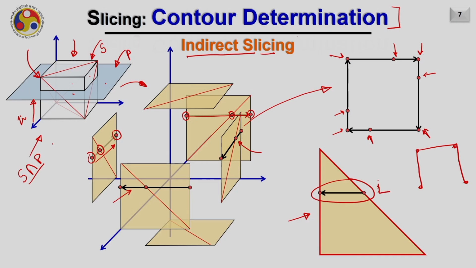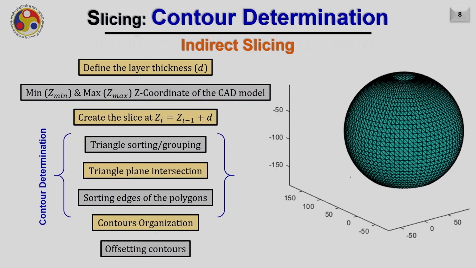So, these are the lines, and this is the triangle. If we are able to understand the intersection between the line and triangle, then we will easily be able to find the intersecting contours. So, this is the generalized methodology for slicing.